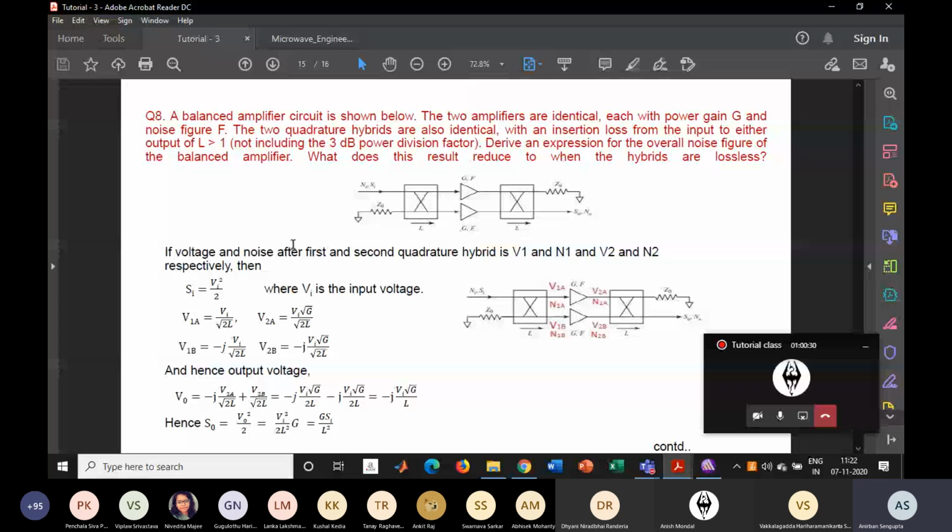So at the through port, that will be Vi by root 2L, and at the coupled port, that will be minus j Vi by root 2L, because these two ports are 90-degree phase quadrature. So that's why this minus j term pops up here.